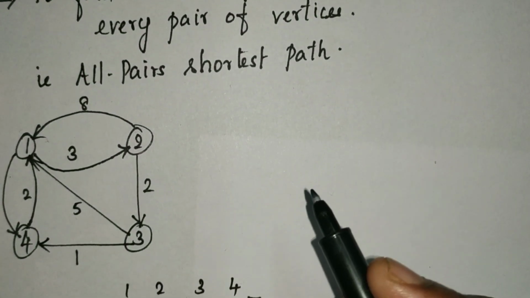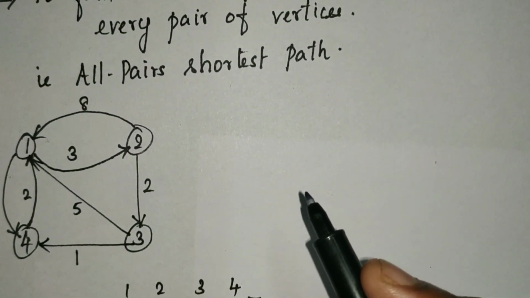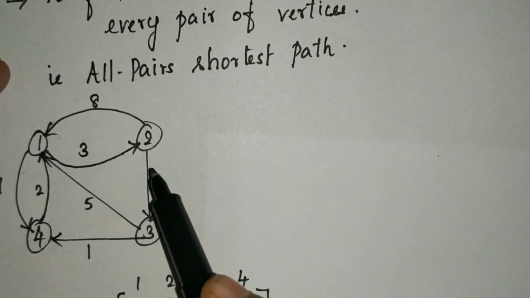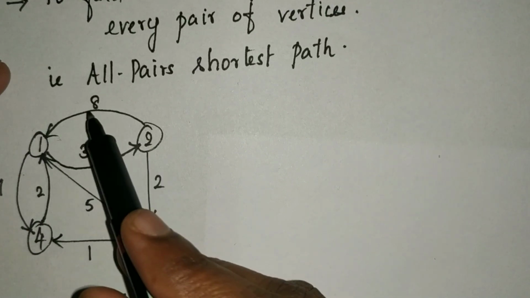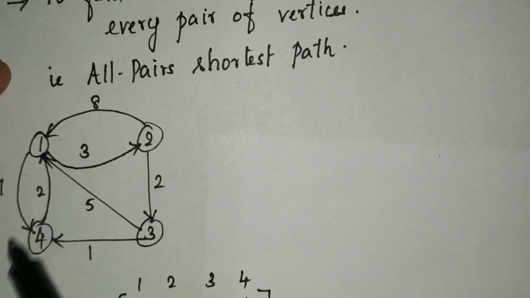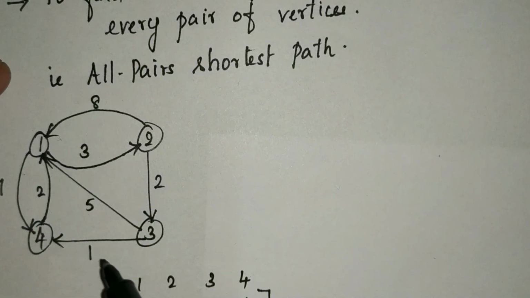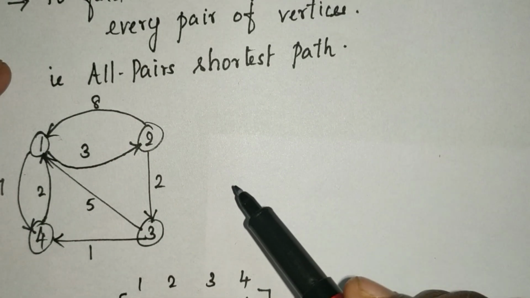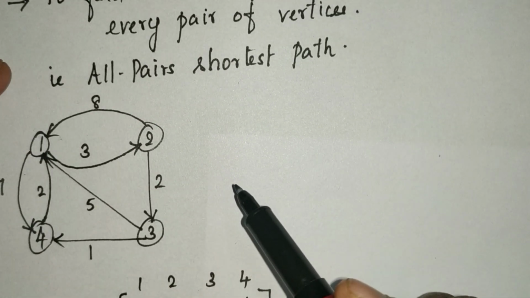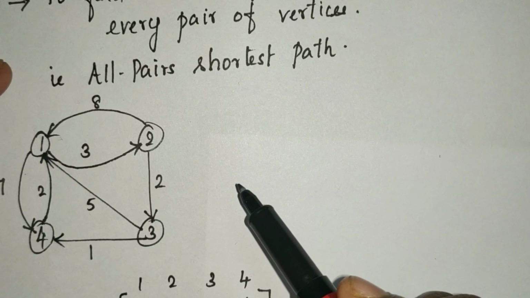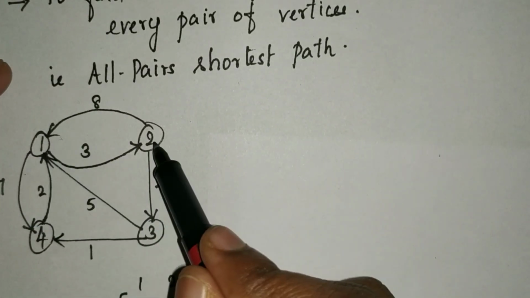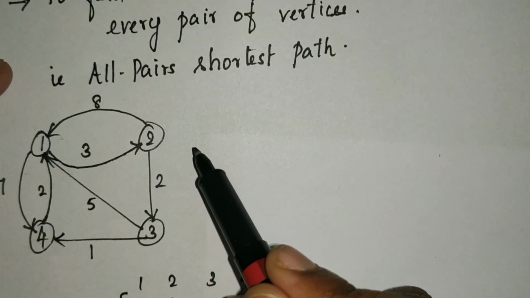So let us take an example here. For this particular graph, we have 4 vertices and some edges with the cost in the edges. Now here, to find the shortest path between every pair of vertices, we have the edge cost for some of the vertices but not for everyone.